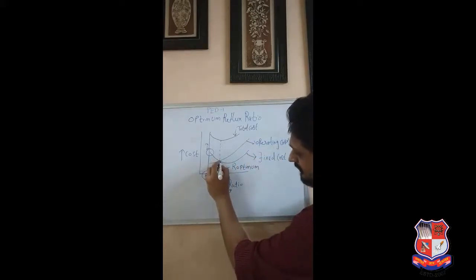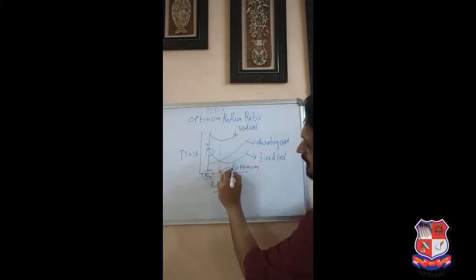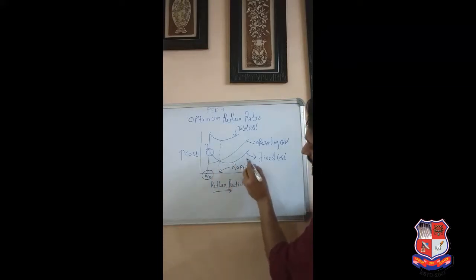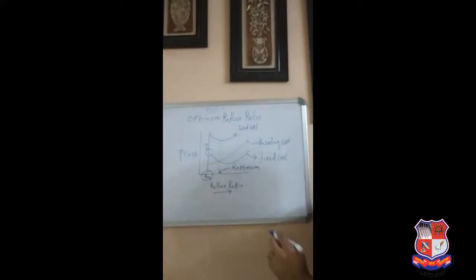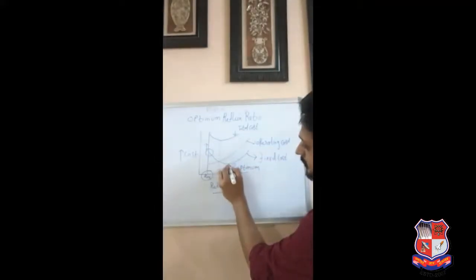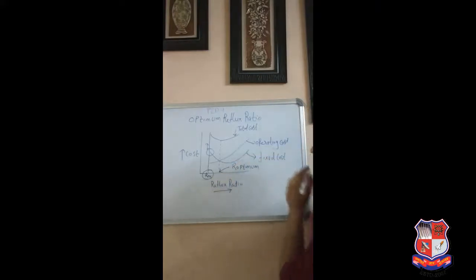Now, after a certain level, if you increase the reflux ratio, there is again an increase in the fixed cost. Accordingly, if you increase the reflux ratio, your fixed cost should be at minimum because the height required will be much less. But still, after some time, your fixed cost is increasing, even if you are increasing the reflux ratio.